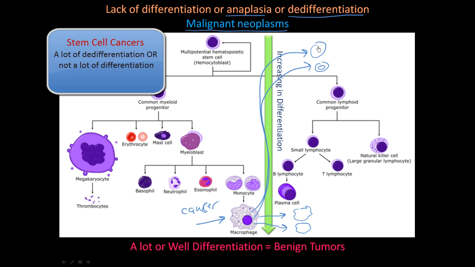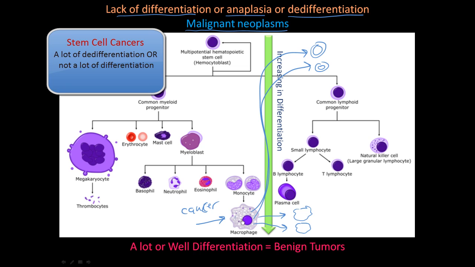Okay? It looks exactly like this, and it came from a macrophage. So in a tissue where there's tons of macrophages, and then you see all these hemocytoblasts, you would be thinking, oh, this is an anaplastic tumor. This is a lack of differentiation. They're not differentiating, or they're dedifferentiating, which means to form backwards.